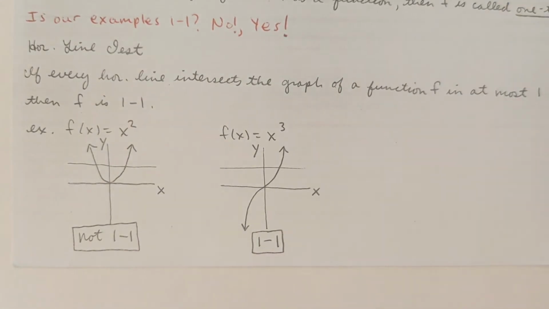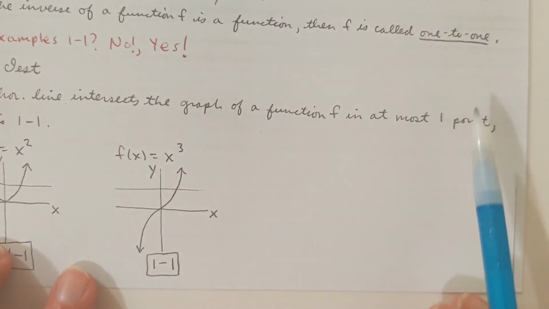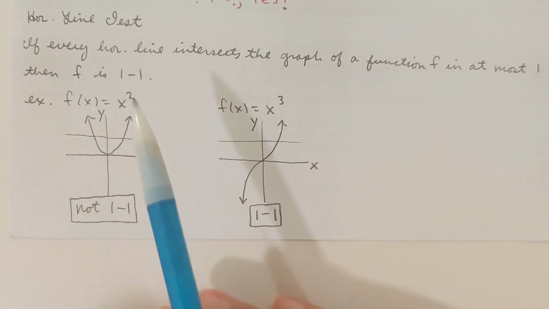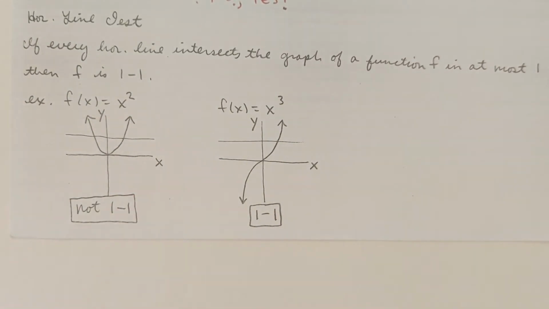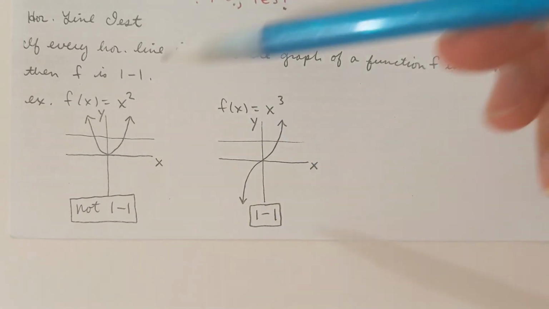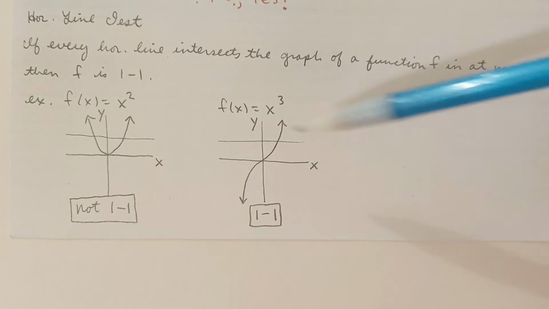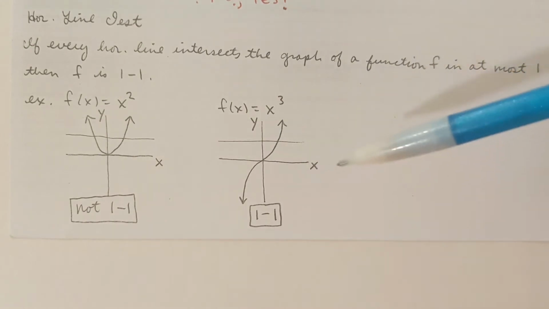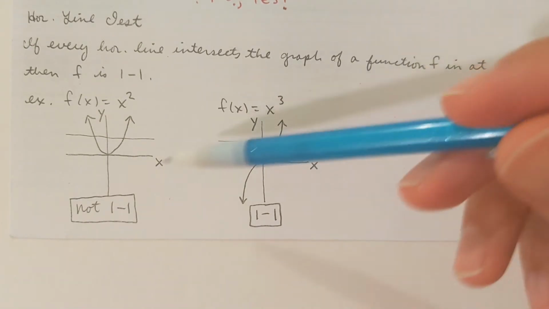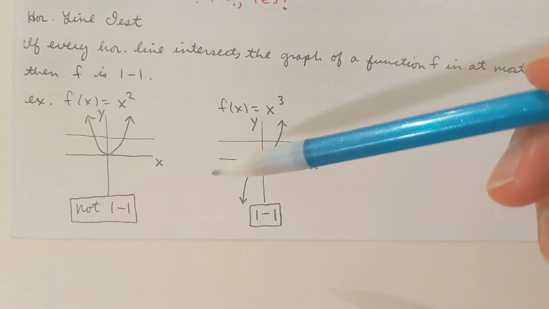There's also the horizontal line test. Now we looked at the vertical line test for studying whether a graph is a function. The horizontal line test says that if every horizontal line intersects the graph of a function f in at most one point, then the function is 1-to-1. So f of x equals x squared. I've got the axes labeled, but the number lines aren't especially important for this example, so I've got those unlabeled.